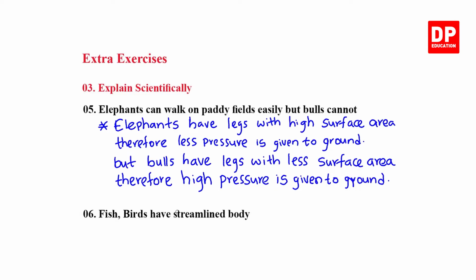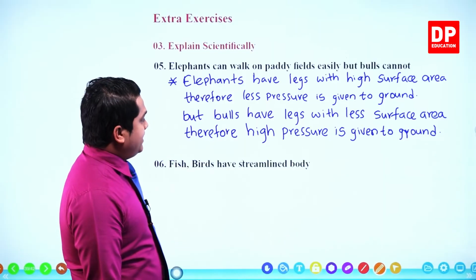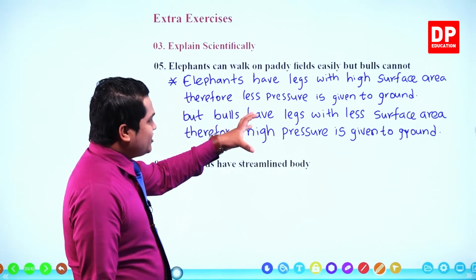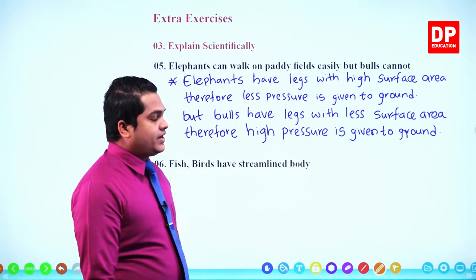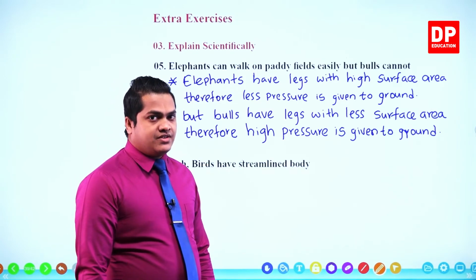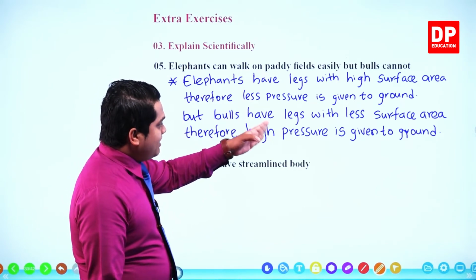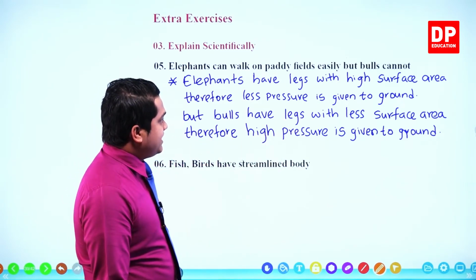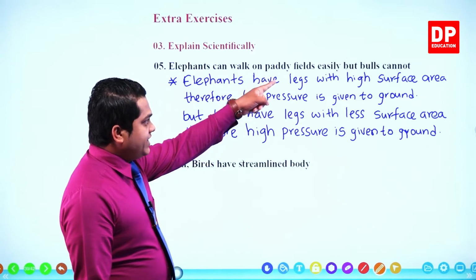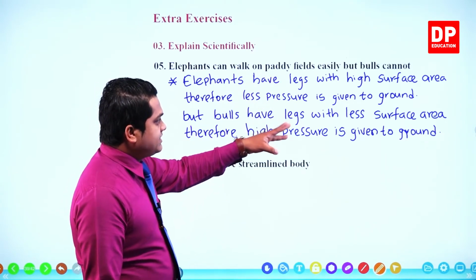Right? So my dear children, elephants have legs with high surface area. Therefore, less pressure is given to the ground. But however, bulls have legs with less surface area. Over there high surface area, here less surface area.